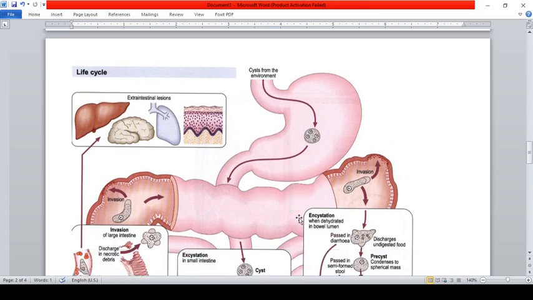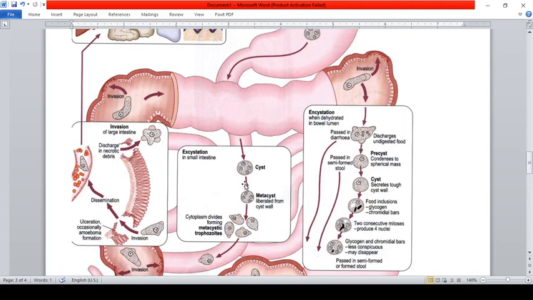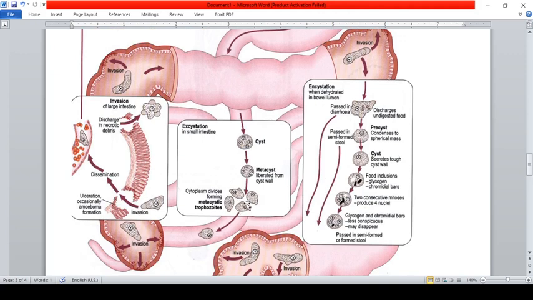For example, let us repeat, emphasizing the life cycle. If an individual ingested the cyst stage, which is the infective stage, that cyst will become trophozoite in the intestine.